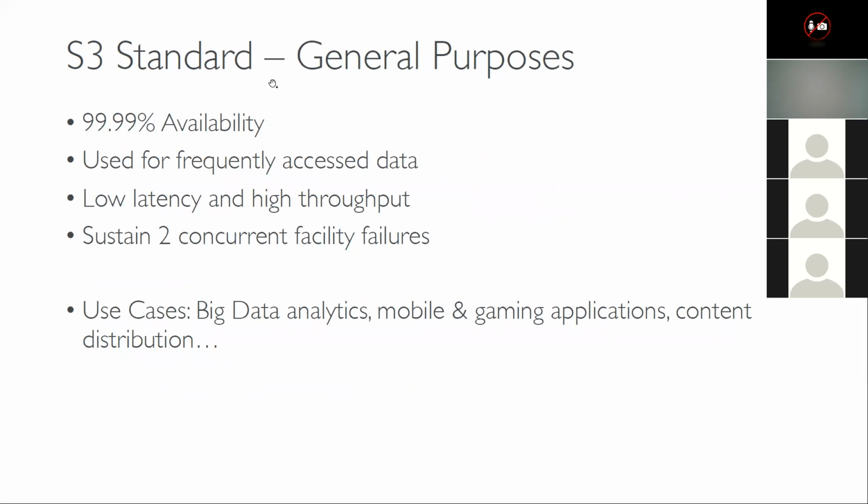Okay, so this is standard, the first class, standard general purpose. The promise of AWS is 99.99, which means how many minutes of downtime are allowed without penalty?